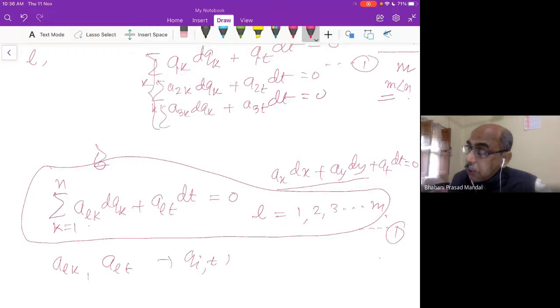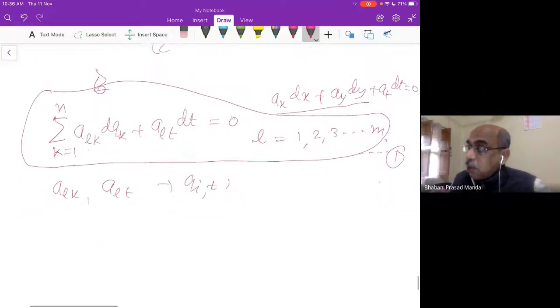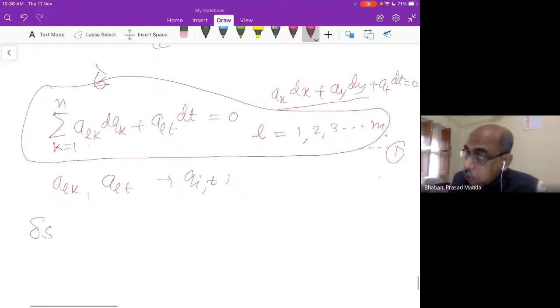So now if we construct the variation of the path, delta S equal to 0, there will be many paths. So in which path delta S equal to 0, which is subjected to my variation.